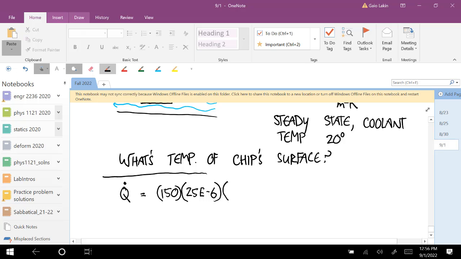And then the temperature, I'll call it T sub C for the temperature of the chip, minus 20 degrees.